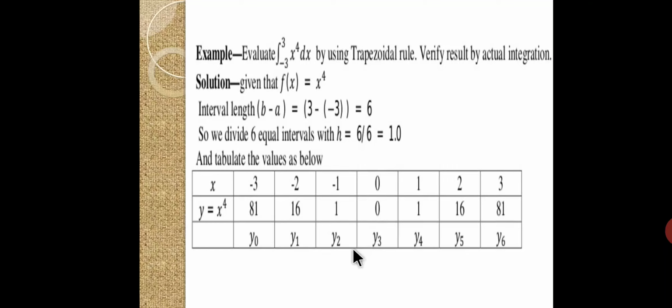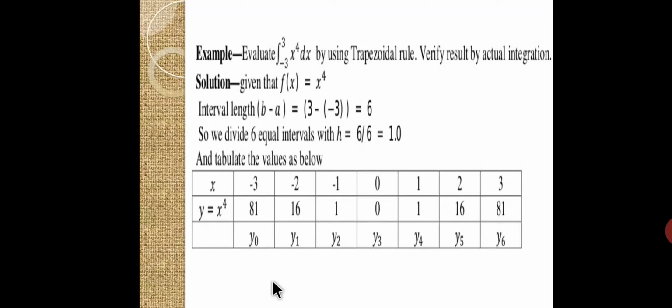Now we find the values of y corresponding to the x values. Here the y function is x power 4. So minus 3 whole power 4 is 81, minus 2 whole power 4 is 16, minus 1 power 4 is 1, 0 power 4 is 0, 1 power 4 is 1, 2 power 4 is 16 and 3 power 4 is 81.